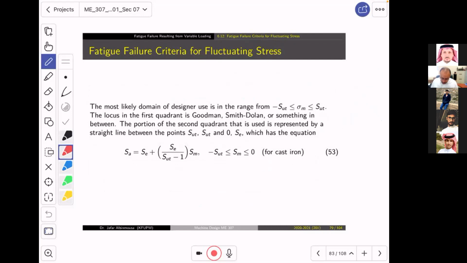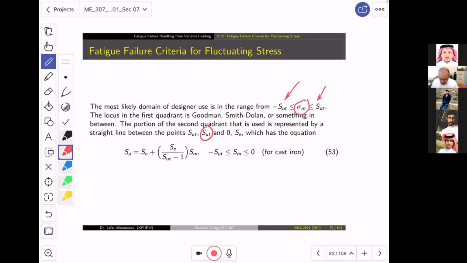As you see here, it says that the most likely domain for designer use is in the range of sigma M, the mean stress, between SUT and minus SUC. The locus of the first quadrant is Goodman, Smith-Dolan, or sometimes in between. The portion of the second quadrant is represented by a straight line between the point SUT and SUC, given by this equation.